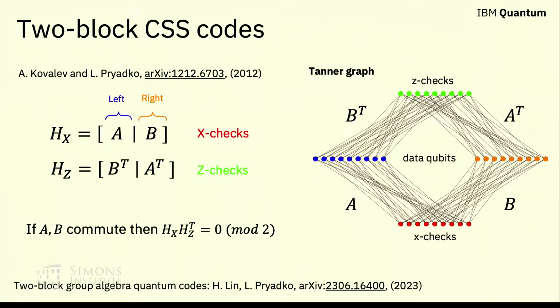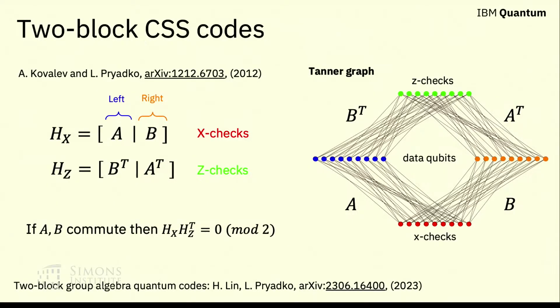You can work this out with a simple calculation. And this makes it really easy to work with these codes, as opposed to trying to choose random matrices H_X and H_Z that somehow commute.